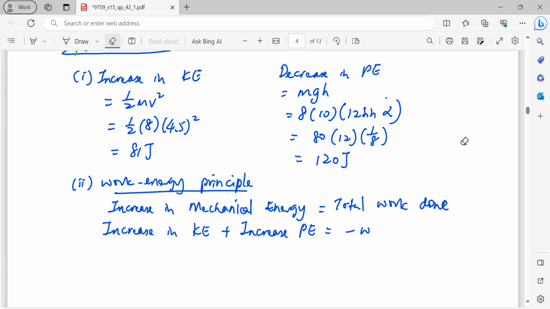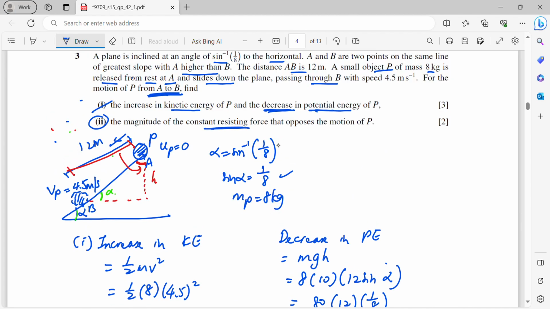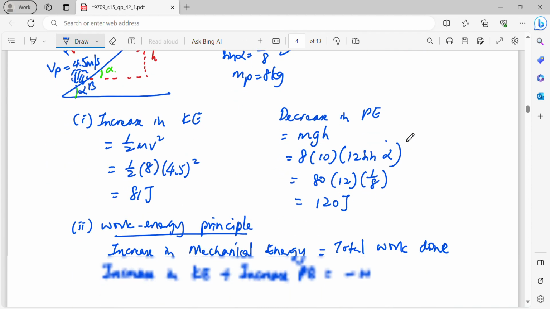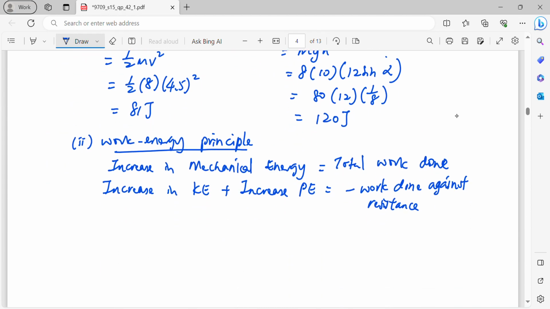That is due to the resistance force. That's why the question is asking for the magnitude of the constant resisting force. Because you have to minus the work done against resistance.